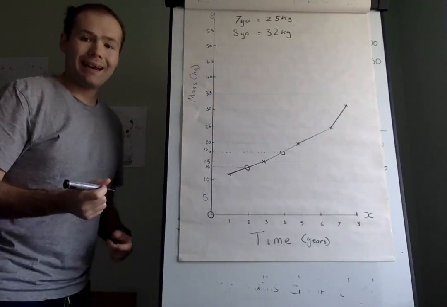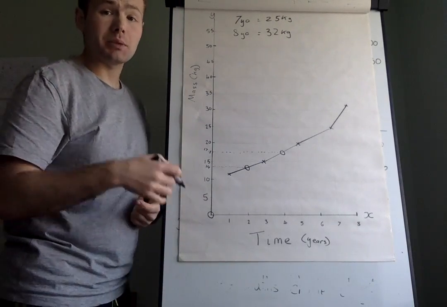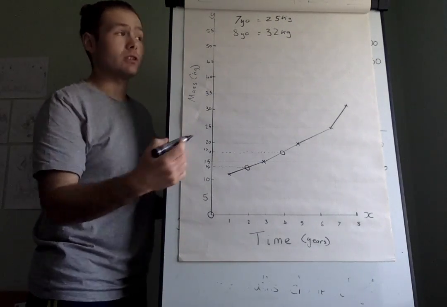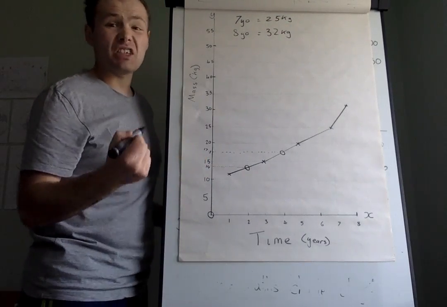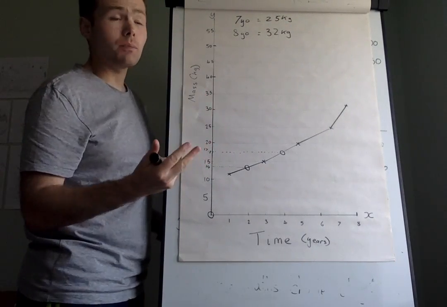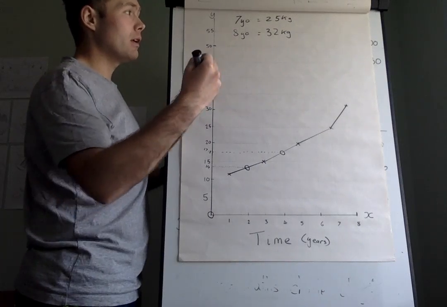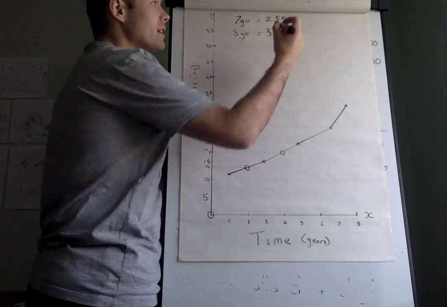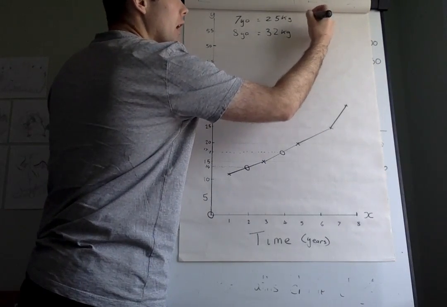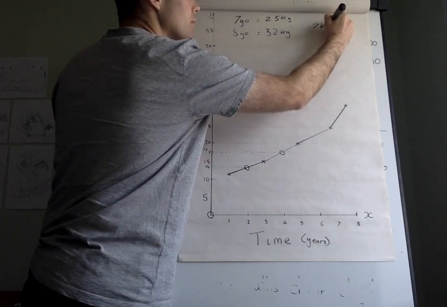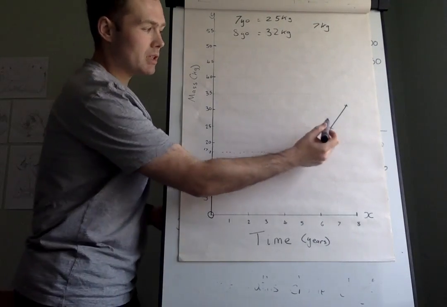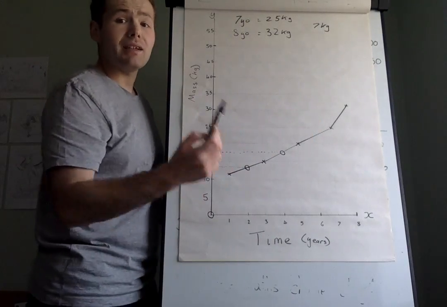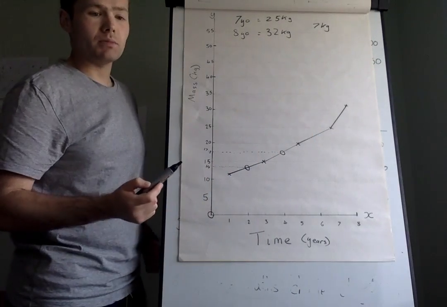We can then work out the increase between 7 years old and 8 years old. So we've got 25 up to 32. We find the difference between them. You can either count on or subtract 25 from 32. And that gives us a difference of 7 kilograms. So how much did his mass increase between 7 years old and 8 years old? It increased by 7 kilograms.